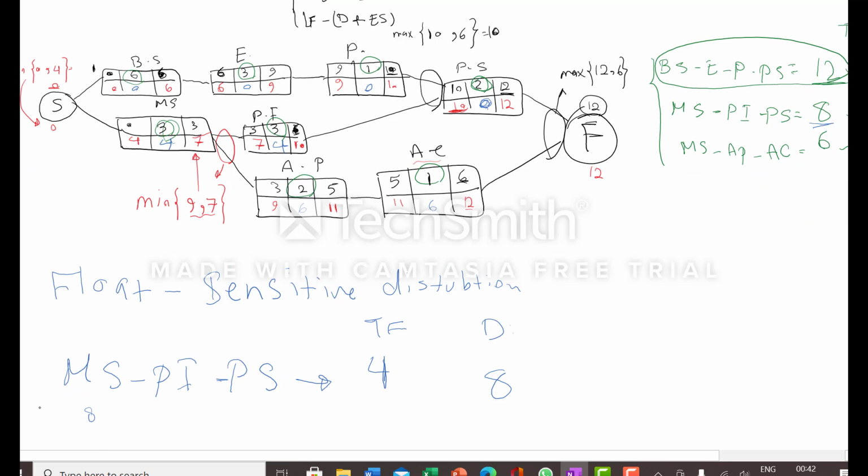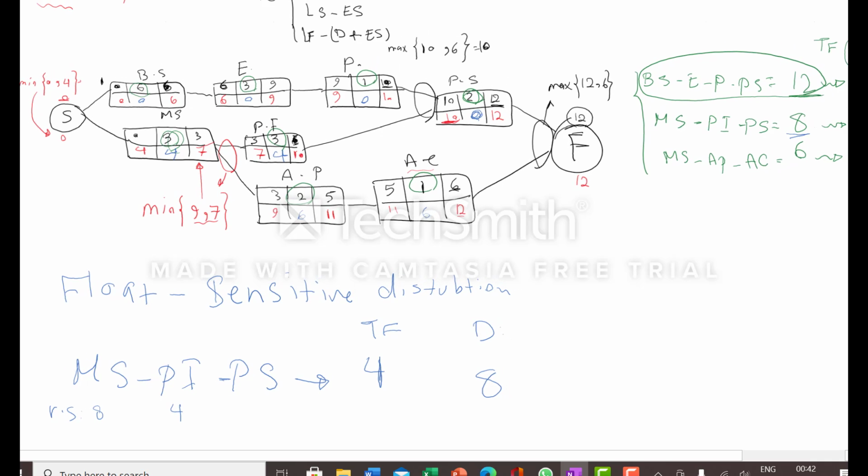Eight and 4. Because for activity PS, the total float is 0, there is no need to calculate for this.